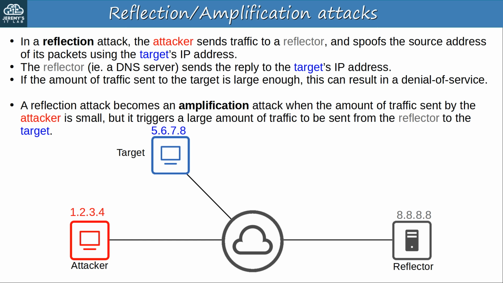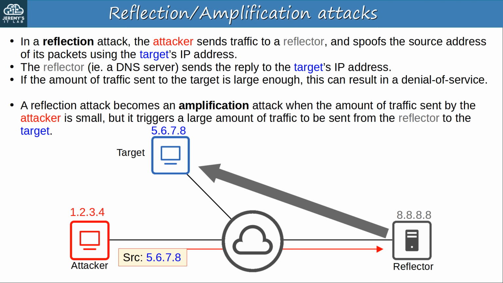Let me demonstrate again. The attacker's IP address is 1.2.3.4, but it uses source IP address 5.6.7.8 to send a message to a server at 8.8.8.8, which becomes the reflector. 5.6.7.8 is the IP address of the target of the attack.